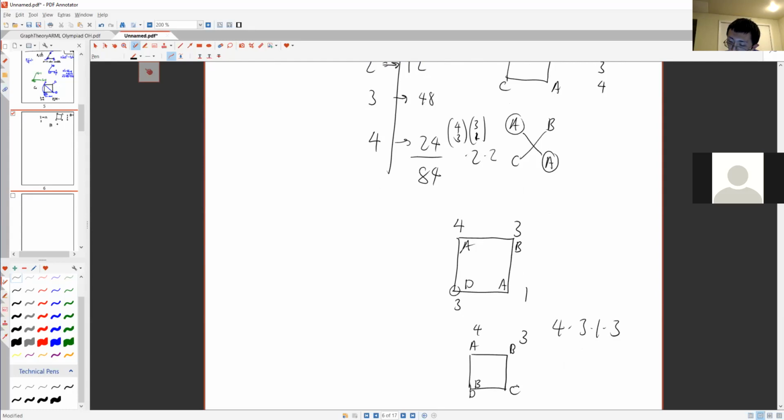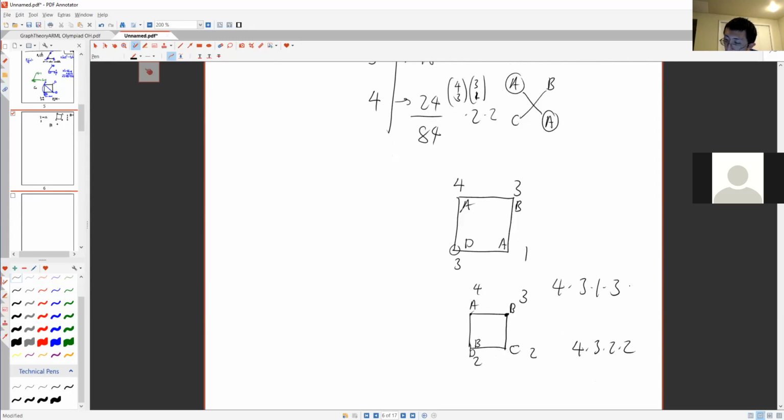And then this color, well, it can't be B, it can't be A, it's either C or D, because it's not the same as the first color or the previous color, B. And then there are 2 ways right there. So 4 times 3 times 2 times 2. So let's see, this gives 36, this gives 48. When we add it up, we get 84.